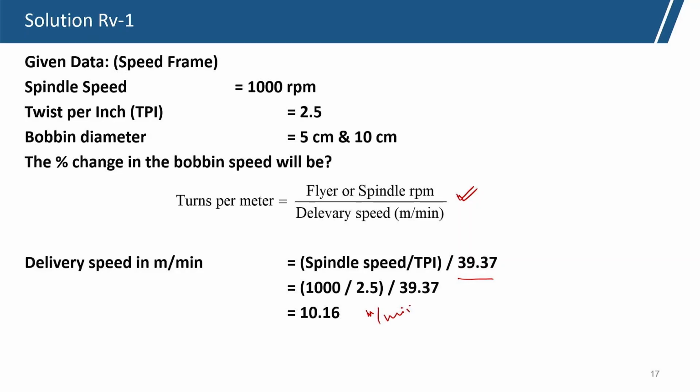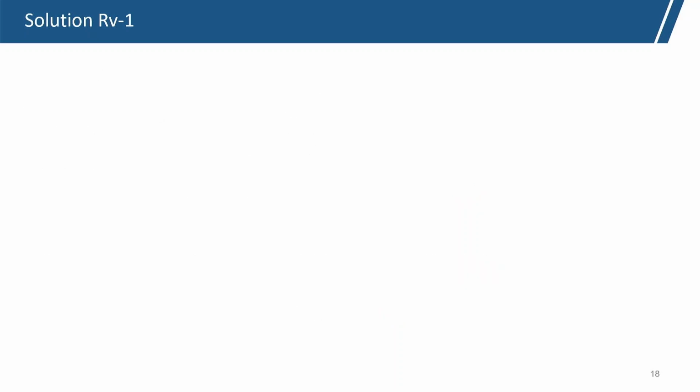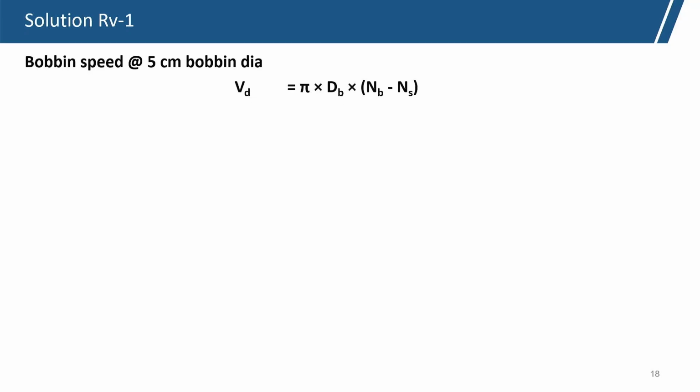That is the delivery speed from the front roller, and we are considering there is no twist contraction, and that delivery speed has to be wound by the winding system. Now, try to see bobbin speed at 5 centimeter bobbin diameter: Vd is calculated as pi dB into Ns minus Nb, Ns is known, Nb we have to calculate, dB is given 5 centimeter.